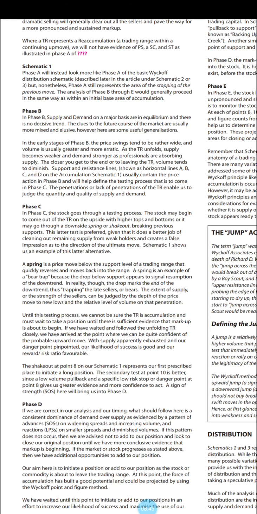The stock may begin to come out of the trading range on the upside with higher tops and bottoms, or it may go through a downside spring or shakeout, breaking previous supports. This latter test is preferred given that it does a better job of cleaning out remaining supply from weak holders and creates a false impression as to the direction of the ultimate move. Schematic 1 shows us an example of the latter alternative.